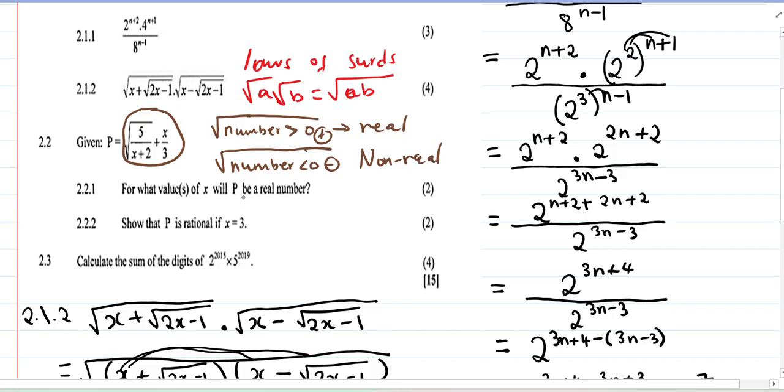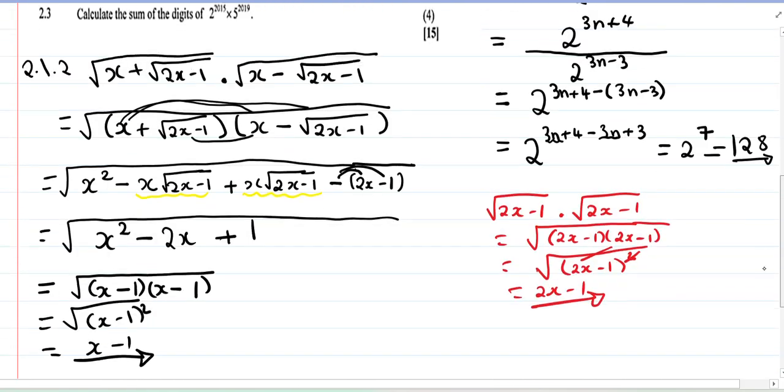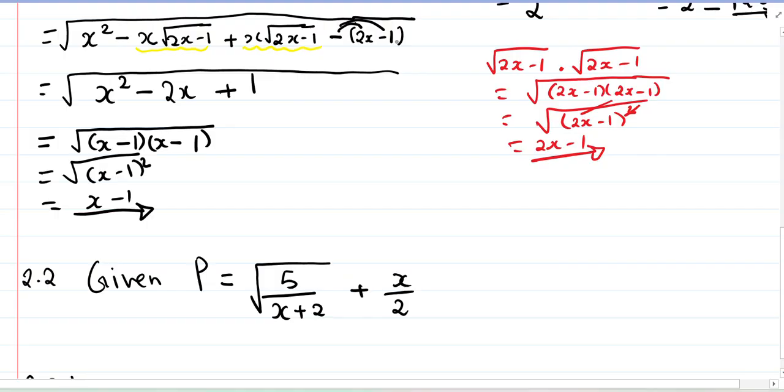So for p to be a real number, what is under the square root should be positive. So that is what we are going to focus on.